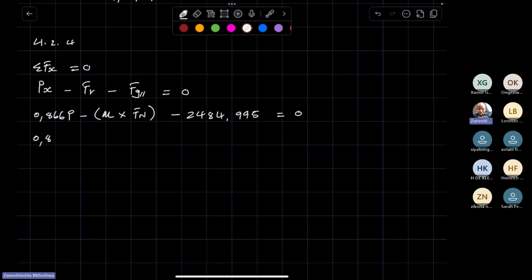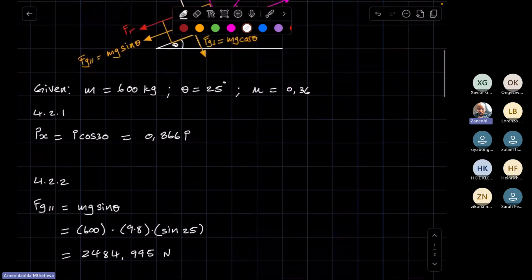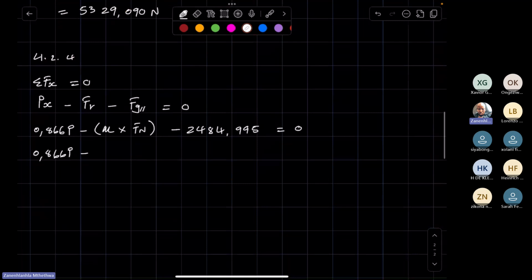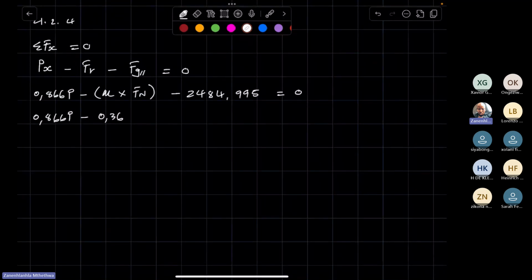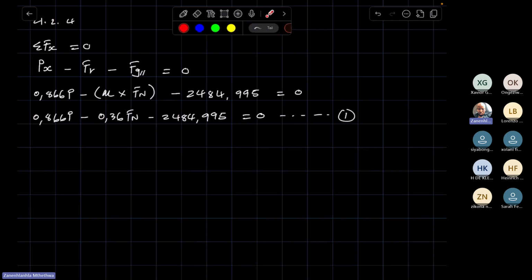So this is 0.866P minus mu, which is 0.36, times the normal force, minus 2484.995, is equal to 0. All right, we can take this as our first equation.